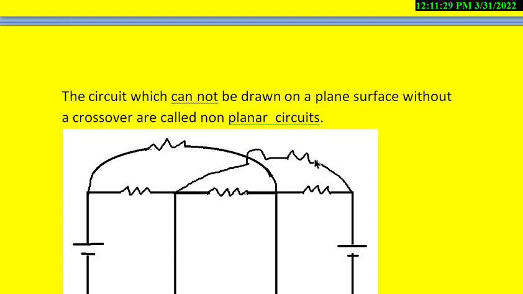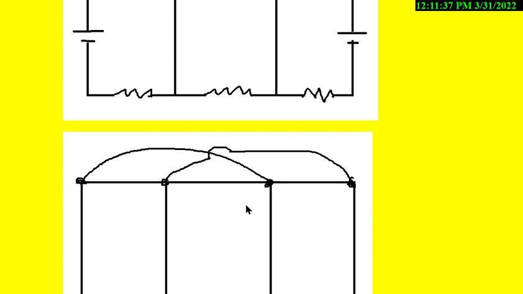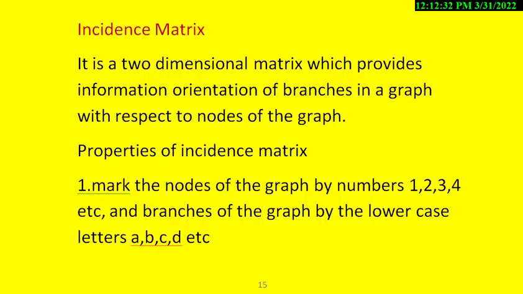Here in the non-planar graph, we find the elements with crossovers like this. Once we draw the graph for this, we get the crossover in the graph also. This is the network, this is the graph. This type of graph is called the non-planar graph.